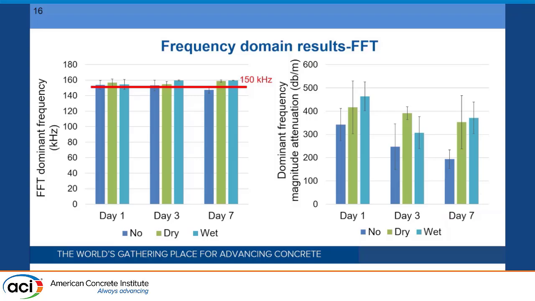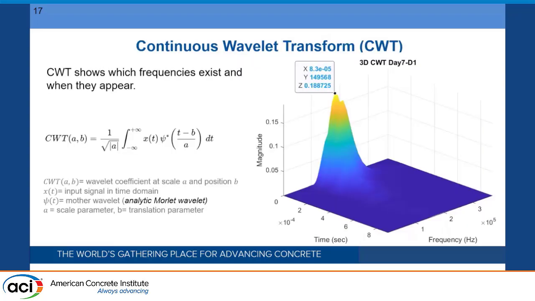However, when we look at the magnitude of the dominant frequency, again in a form of attenuation, we can see the differences between the interlayer specimens and the specimens that had no interlayers, and also we can see that the magnitude got higher as the specimen cured from day 1 to 7. And this is almost for all specimens.